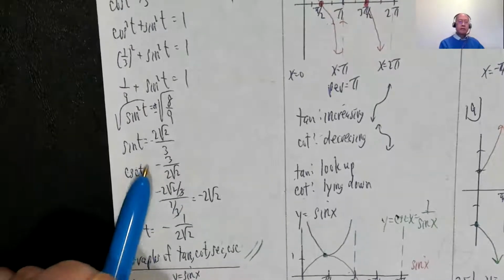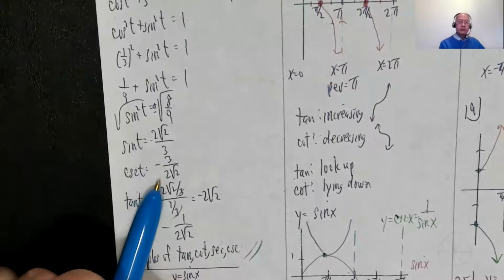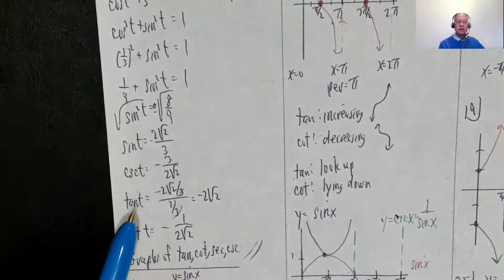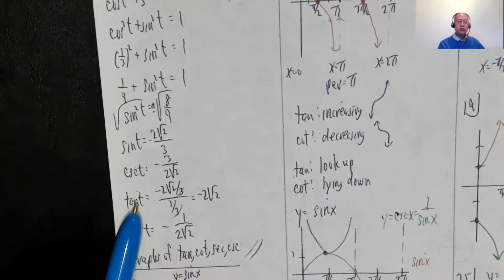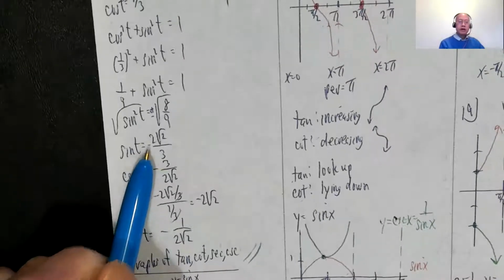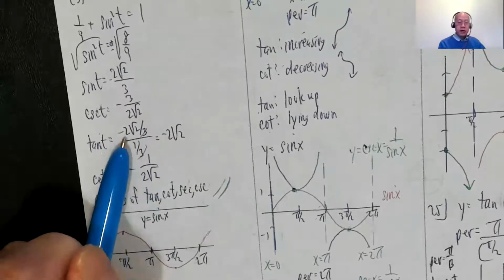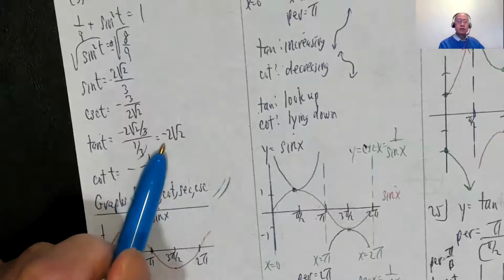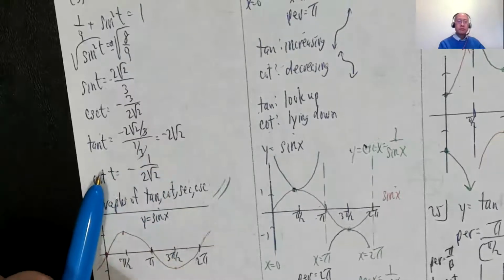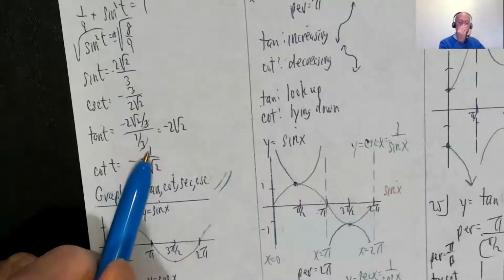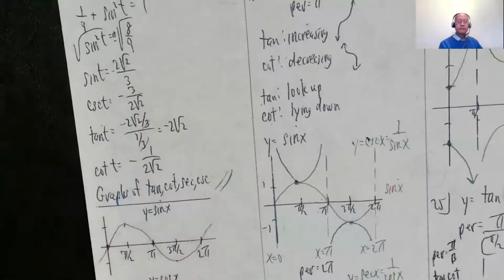So cosecant, flip it. Negative 3 over 2 radical 2. And tangent is sine over cosine. So negative 2 radical 2 over 3 divided by 1/3. And you should know the trick that 3's just cancel out. So negative 2 radical 2 is the tangent of t. Flip it. Cotangent of t is negative 1 over 2 radical 2.